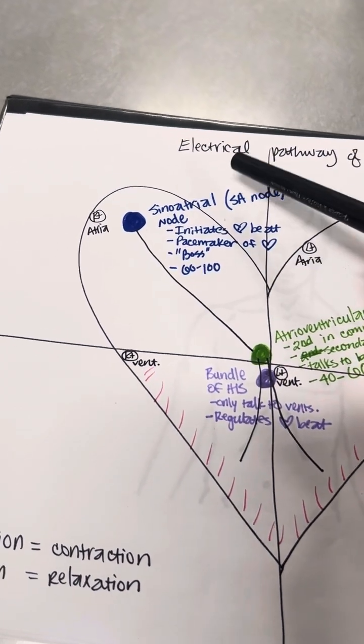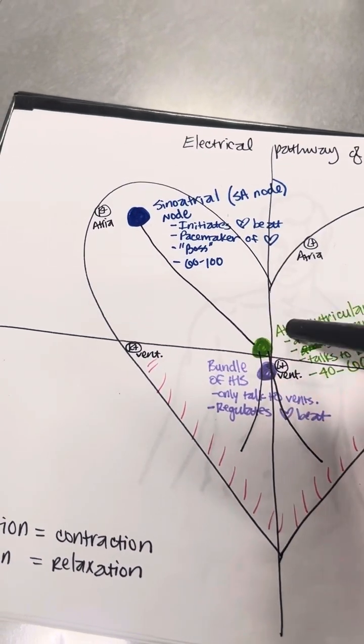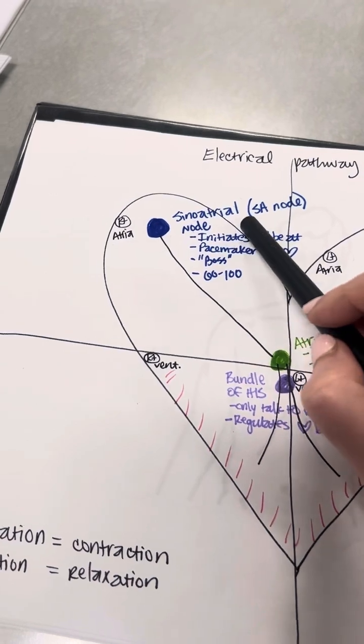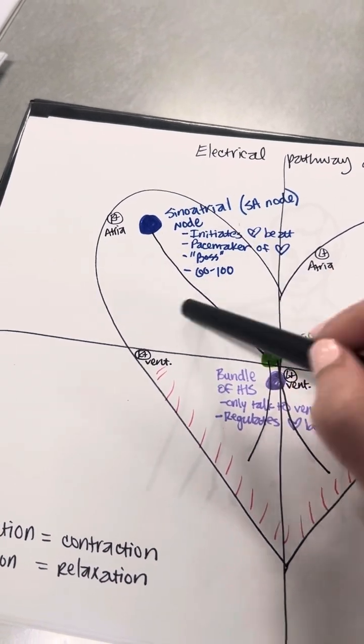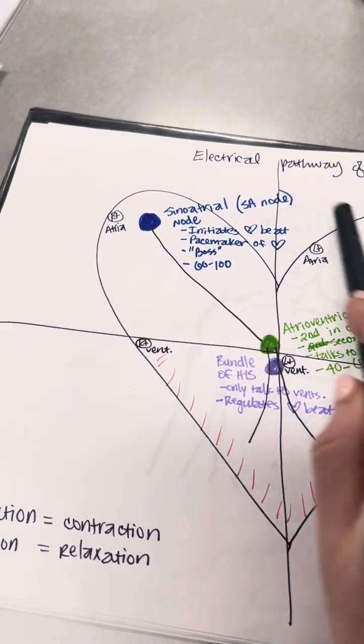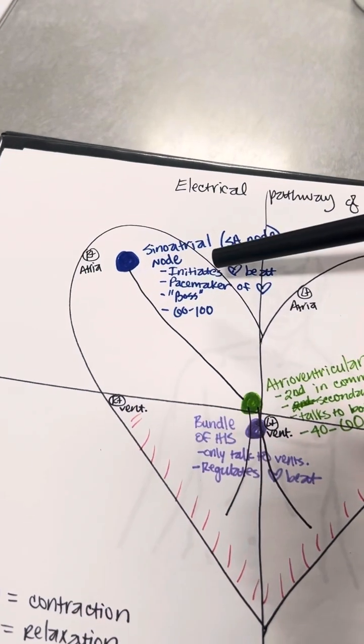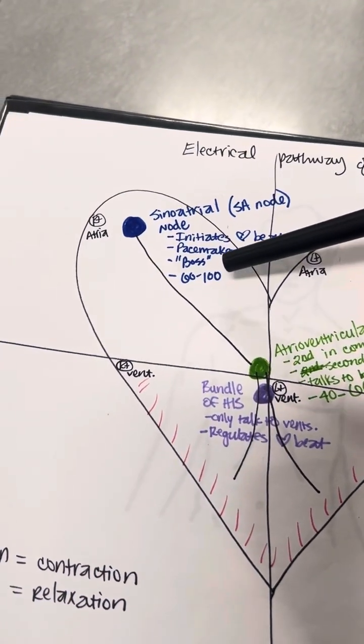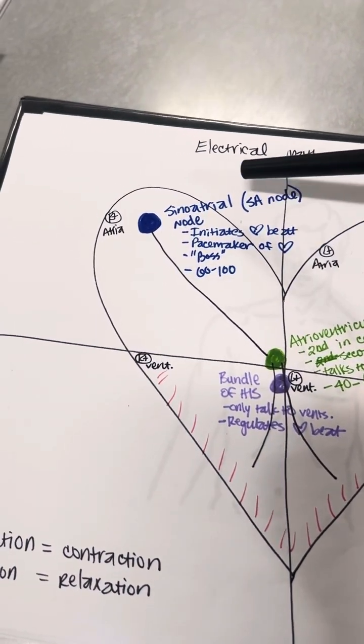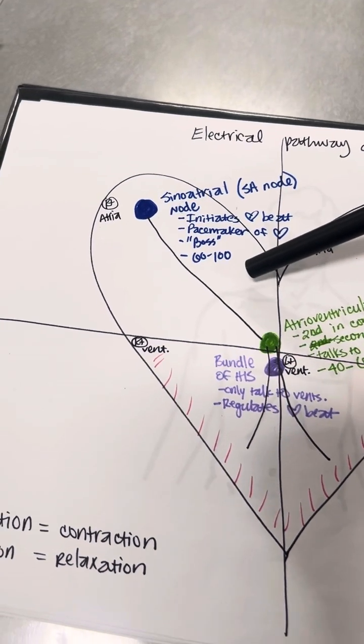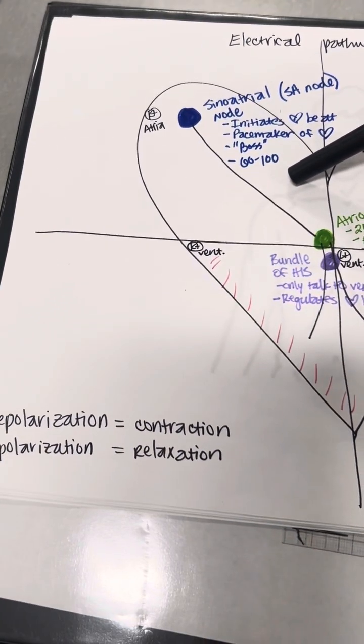Now, one thing to note is the SA node only talks to the atrial cells. So I always say that the SA node's kind of a little stuck up. It only likes its people. So it only talks to the atrial cells, and it tells the atrial cells to depolarize, which we know means contract.